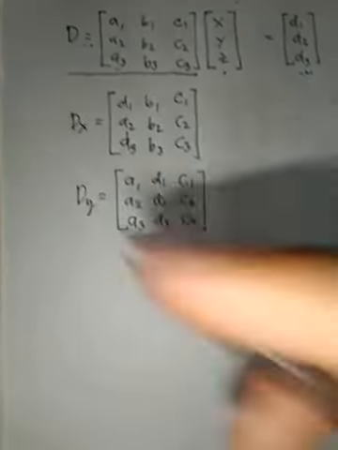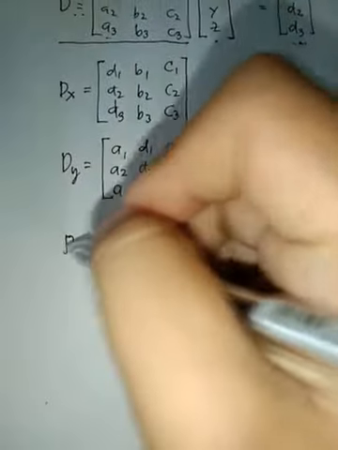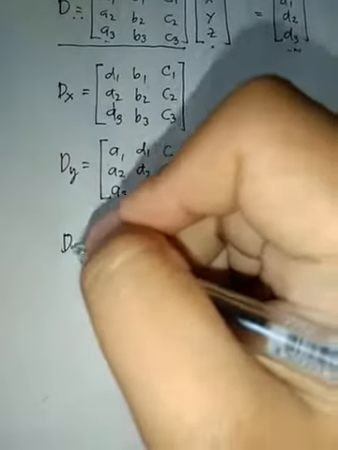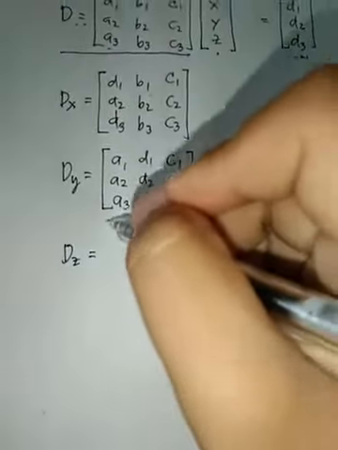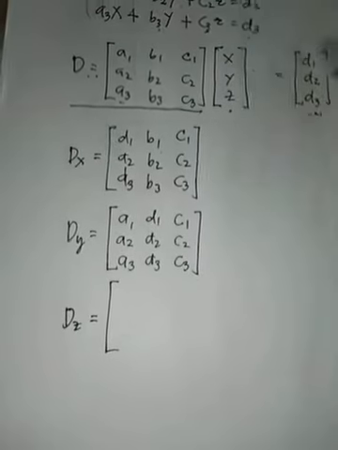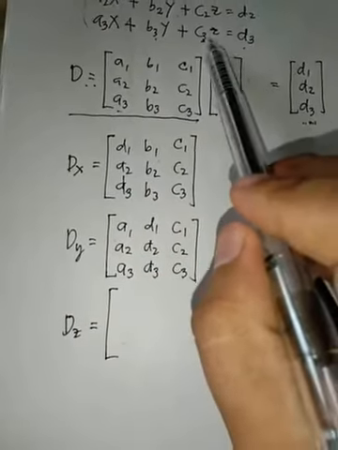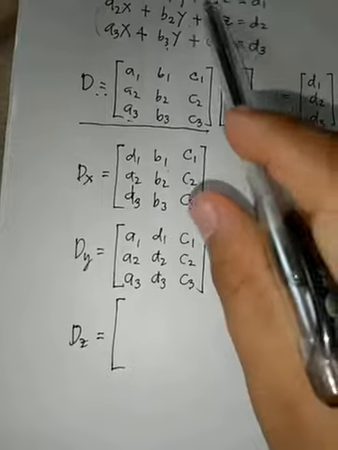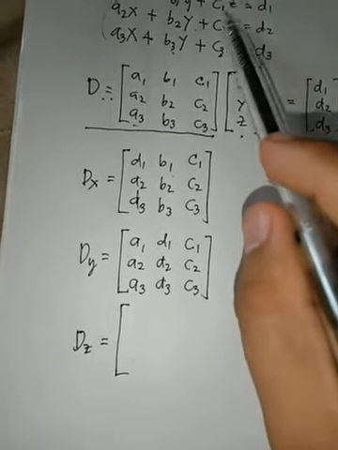For the z column, or Z matrix rather, or DZ, the coefficients of z are c1, c2, c3.